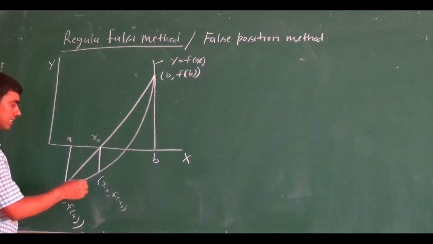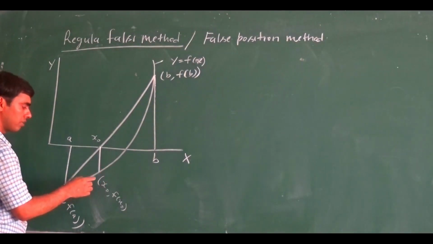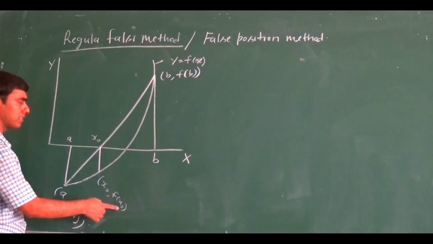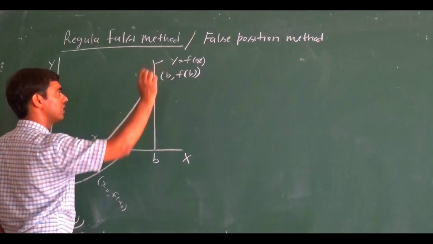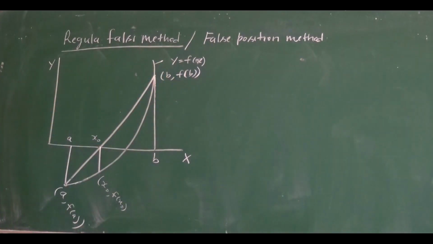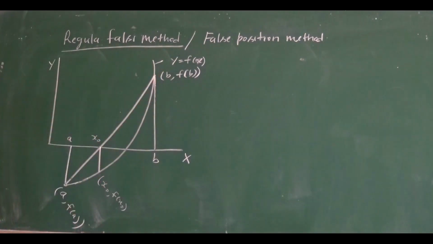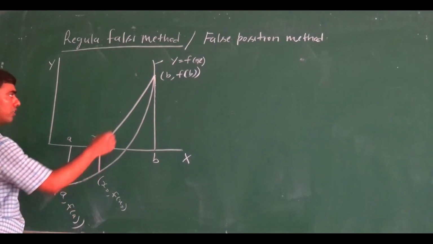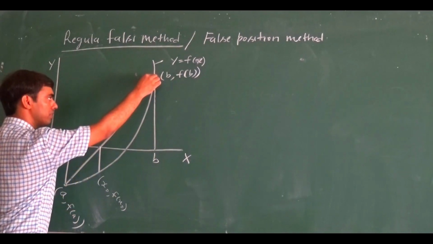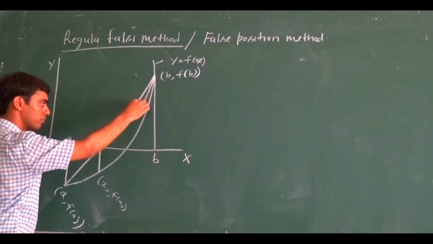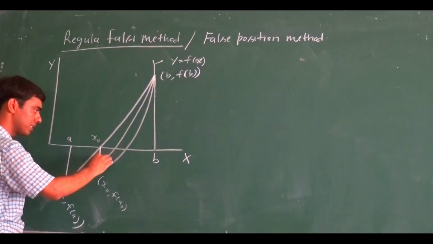Now we draw the straight line from this point, because at this point the value of the function is negative, and at this point the value of the function is positive. This is a necessary condition: in any bracketing method, one point where the function is negative, another point where the function is positive. Now here we again draw a straight line between one positive point and one negative point.